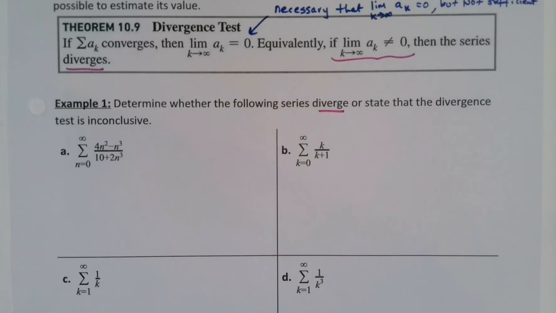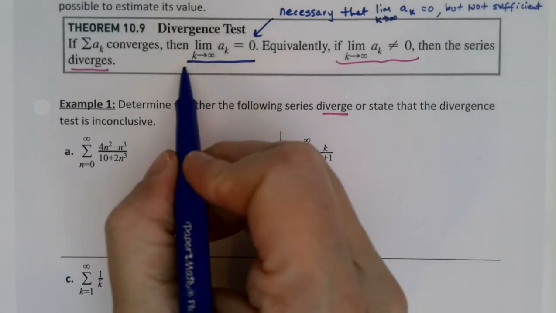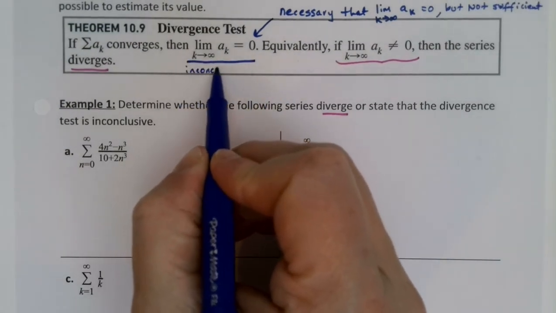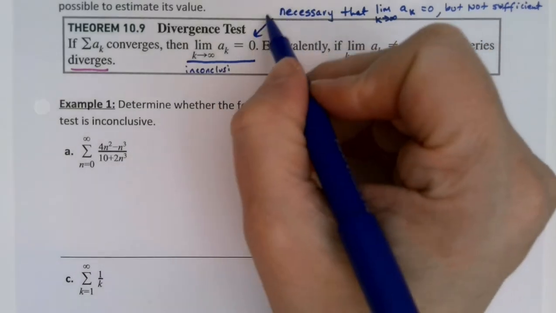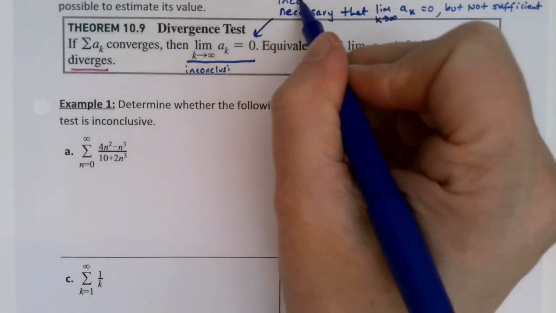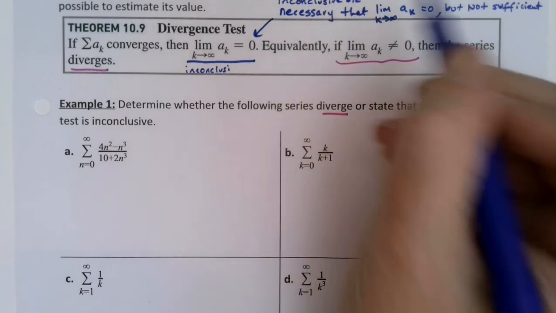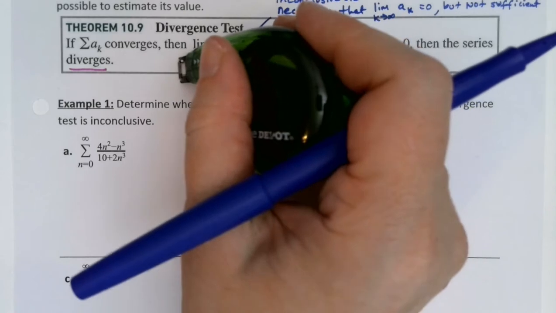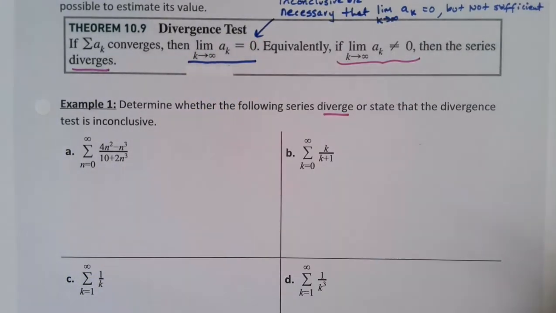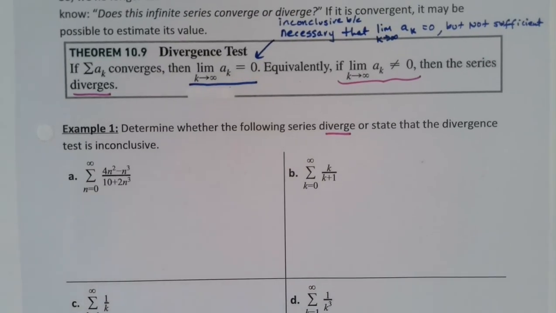If that is true, then it will be inconclusive, because it's necessary but not sufficient. It's not enough, so we don't know enough to prove that it converges. It might still diverge. You're thinking, well, that means this divergence test isn't the only way to prove divergence. That is correct. There will be lots of different tests. That's what chapter 10 is about.